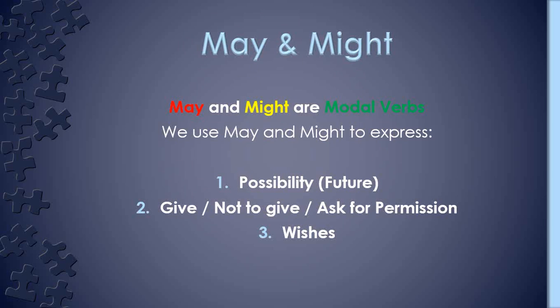And we use these two modal verbs to express possibility in the future, to give, not to give, or to ask for permission, and to express wishes. We use these two modal verbs to express these three things.